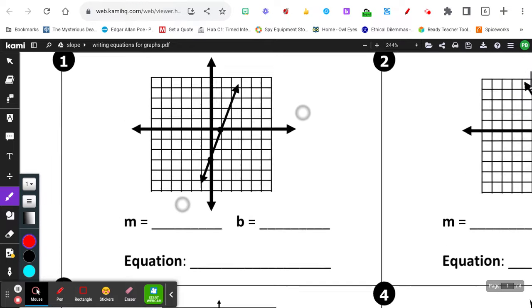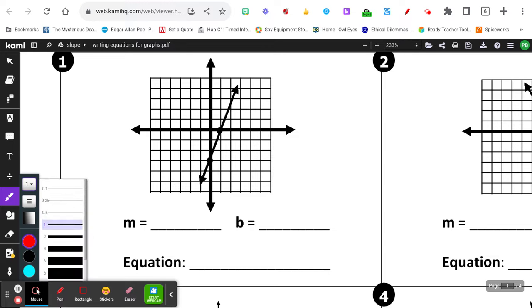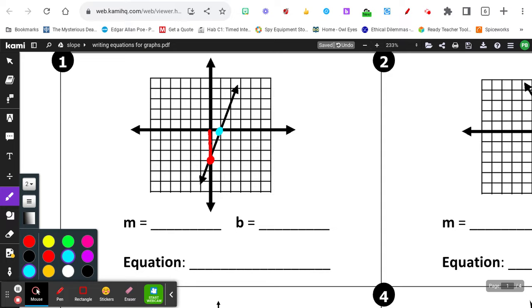So when you're given a graph, the first thing you're going to do is draw a triangle from one point to the other and calculate rise over run. So from this point to this point is a rise of 1, 2, 3, because you went up 3, and a run of positive 1 because you went to the right one, so the slope is 3.